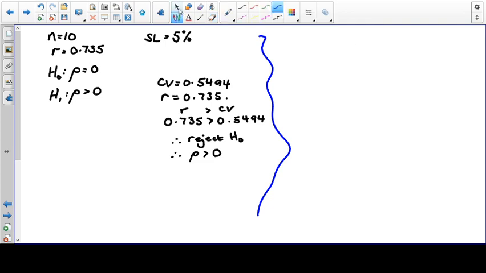Let's say that you have a sample of 15 and you work out the PMCC is negative 0.573. So you've taken a sample of 15 from the population, and using your sample of 15, you've worked out that that has given you a negative correlation of 0.573.